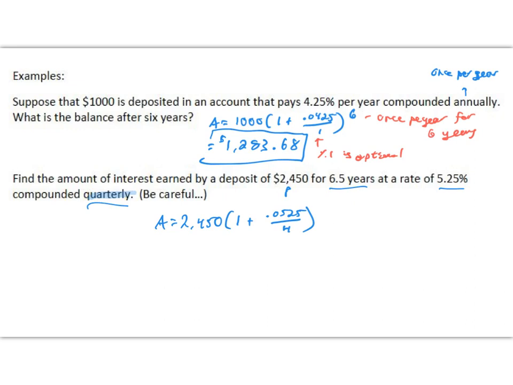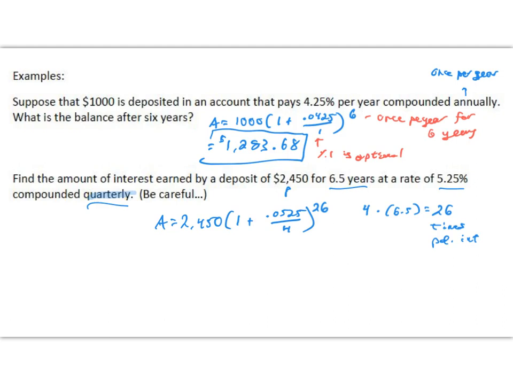Now, about that exponent, I'm doing this for 6.5 years compounded quarterly. So if I'm doing this for 4 times a year for 6.5 years, that's going to be a total of 26 times that I get paid interest. So my exponent here has to be 26 in this situation.